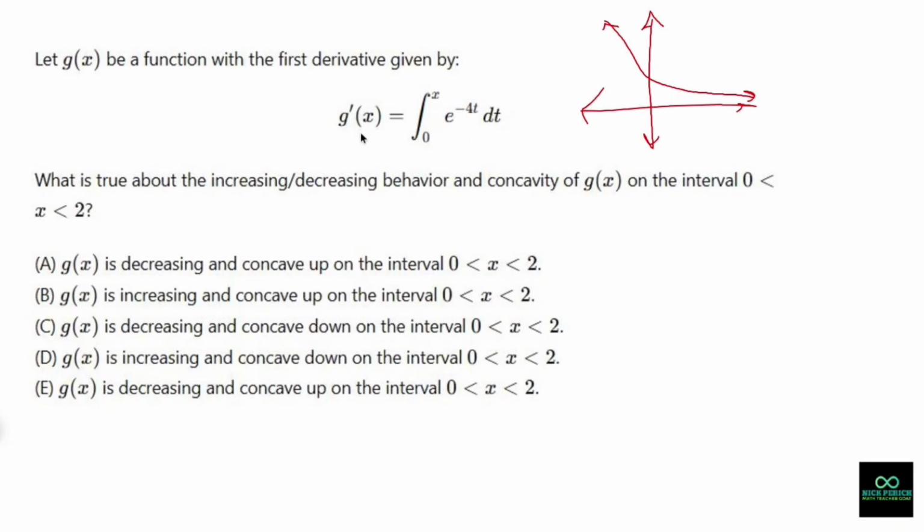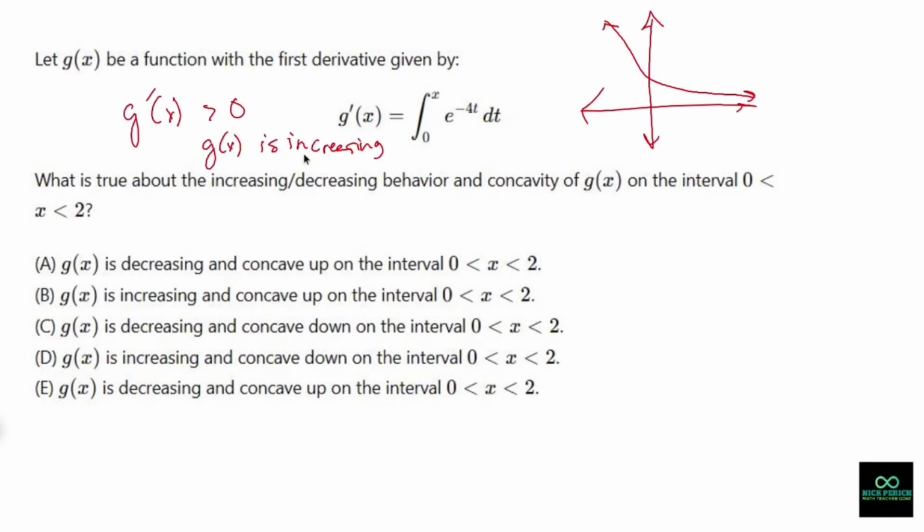So what we're basically saying is the derivative, or at least this part, is always going to be positive. If the derivative is always positive, that means g of x is always increasing.